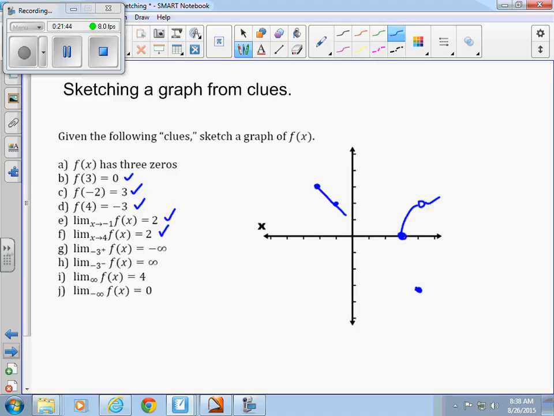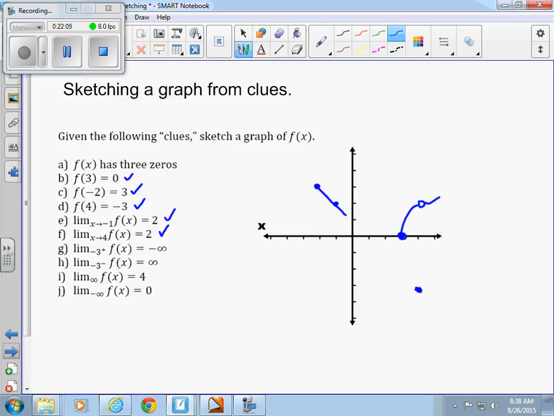Look at the limits at -3. What's happening at -3? Two different numbers. What's the mathematical term for what exists at x equals -3? Asymptote. A vertical asymptote, right?